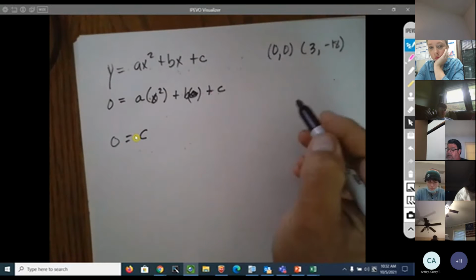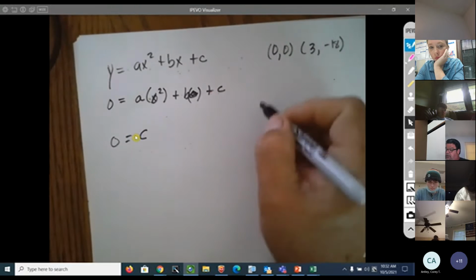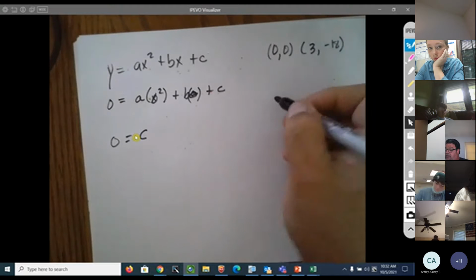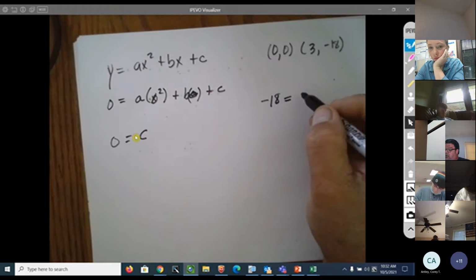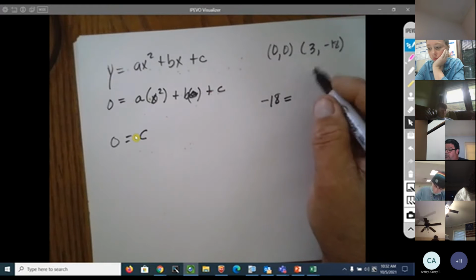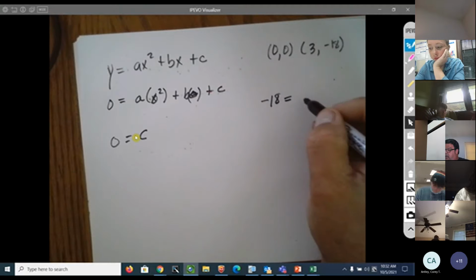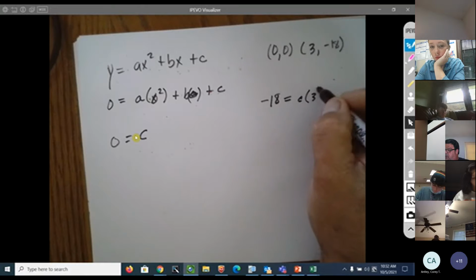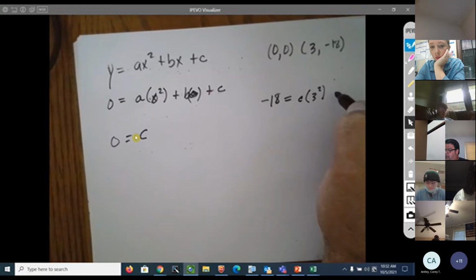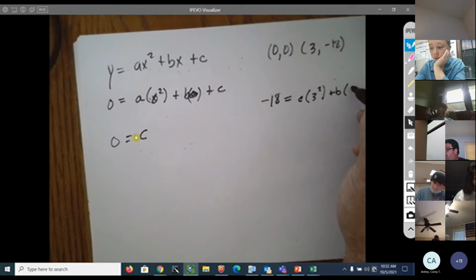So negative 18 is equal to a times 3 squared plus b times 3 plus 0.